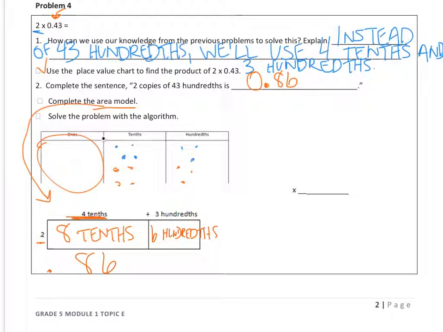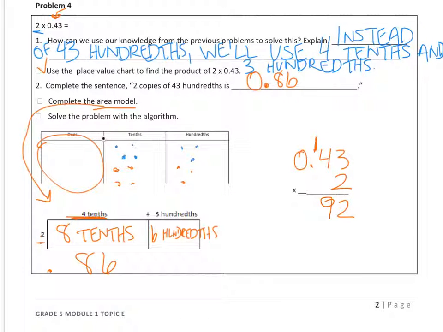But let's double check using another multiplication. Okay, let's set it up. So we have 43 hundredths times 2. Well, first off, I've got to do 2 times 3, which I know is 6, so I put my 6 down there. And next I'm going to have 2 times 4, which is 8.